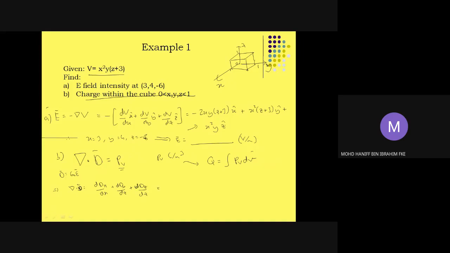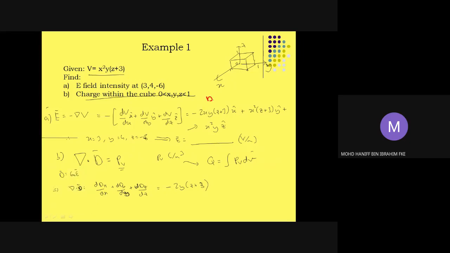Now we proceed with the differentiation of Dx, Dy, and Dz with respect to x, y, and z. So for the Dx, you have these terms here. When you differentiate with respect to x, you're going to have negative 2yz plus 3.